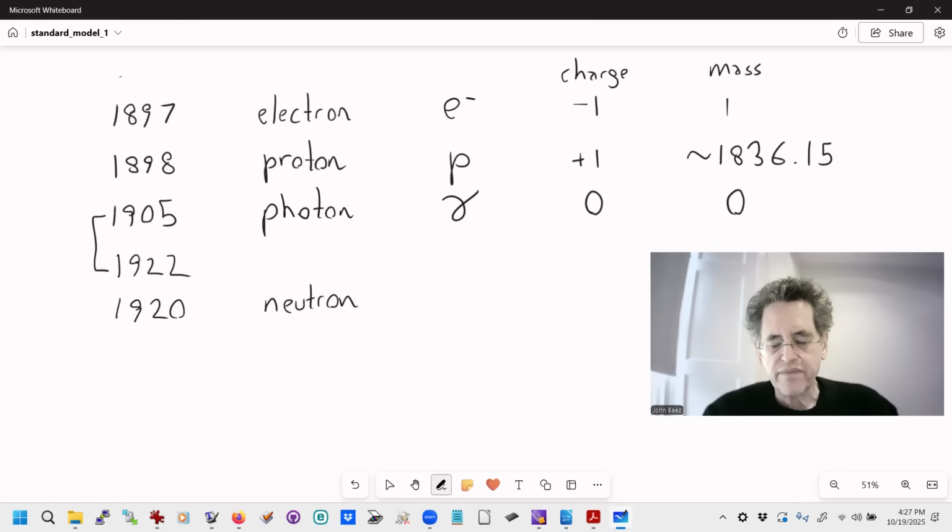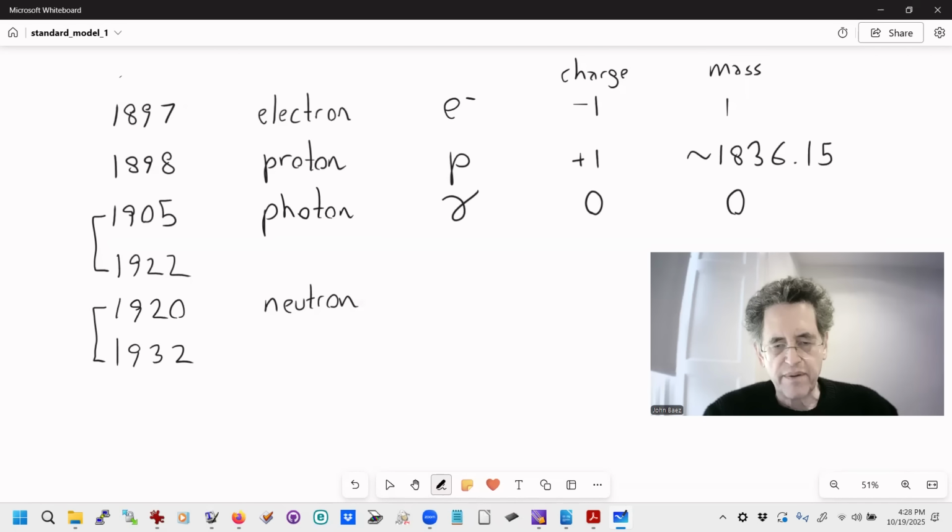So it was a kind of detective work required to discover that there must be these neutrons at the center of the atom. And it wasn't until quite later, namely 1932, that Chadwick was able to make beams of neutrons by themselves and study them as particles on their own.